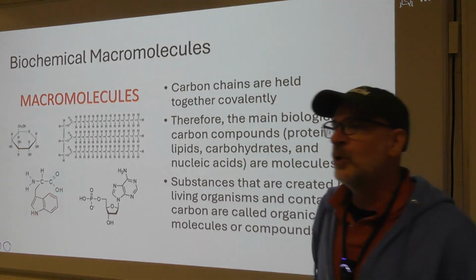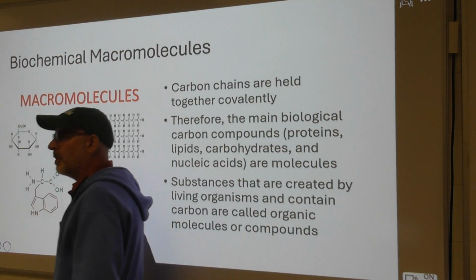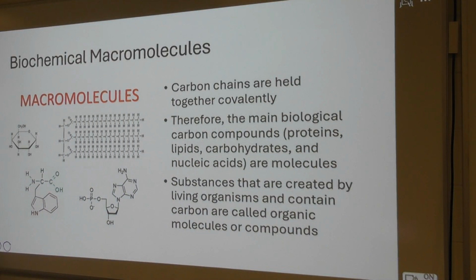And when we look at carbon compounds that are in or were created by living things, we call them organic molecules or compounds. So it's not just that it contains carbon, but that it contains carbon that was put together by a living organism.